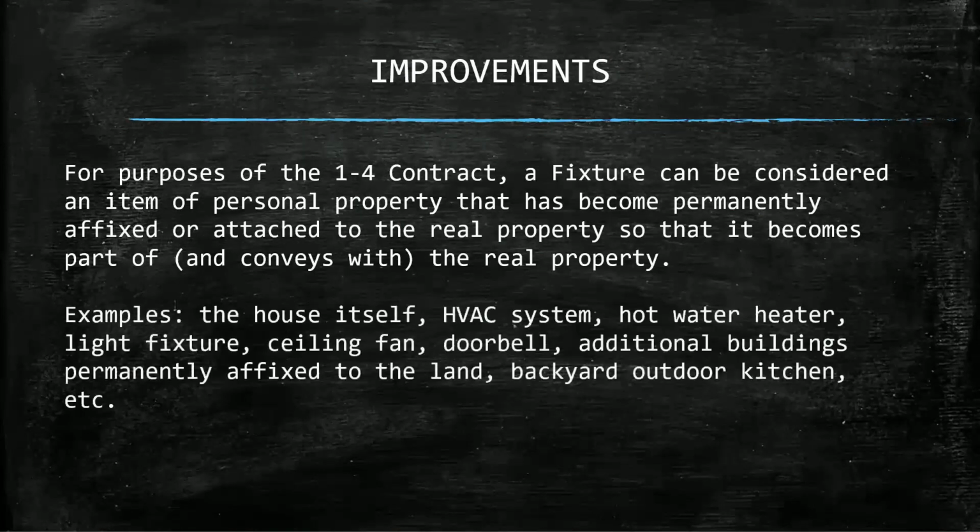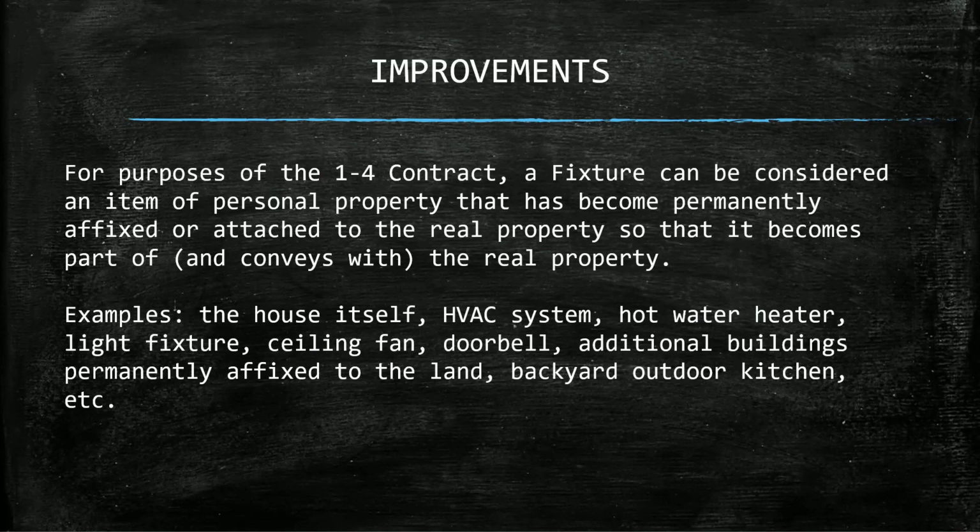So let's look at some examples. Anything that is built: the house, the HVAC system, the hot water heater, light fixtures, ceiling fans, doorbells, backyard kitchens, all that. Once all of this stuff becomes permanently attached, it becomes a fixture and it becomes an improvement.